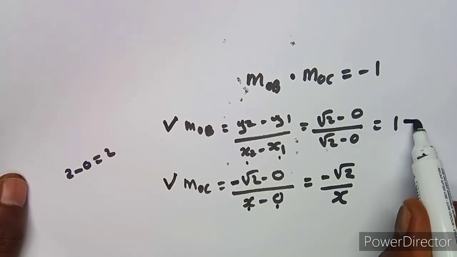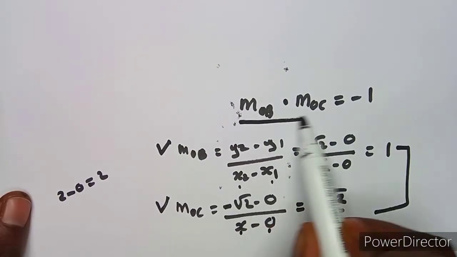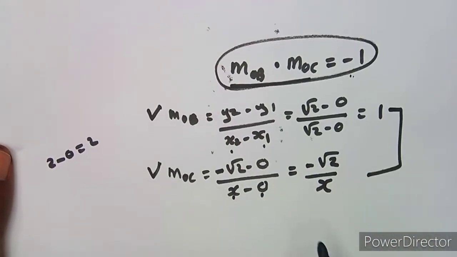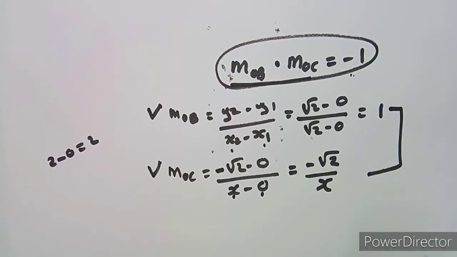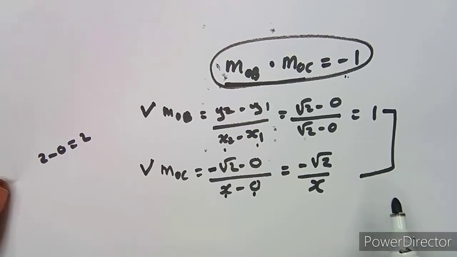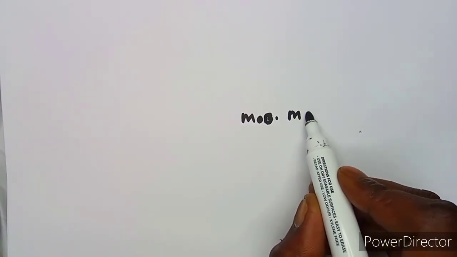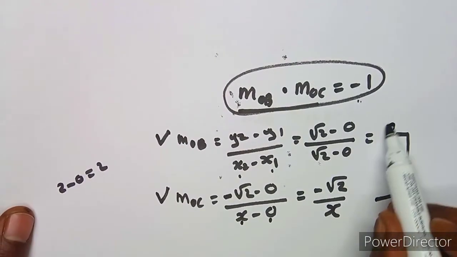All right, so this is the gradient of line OB, and the gradient of line OC. And we said the product of these should give us minus 1 if BOC is 90 degrees. So using this concept, we can calculate the value of x. The gradient of OB times the gradient of OC should give us negative 1. We have got the gradient of OB, which is 1.